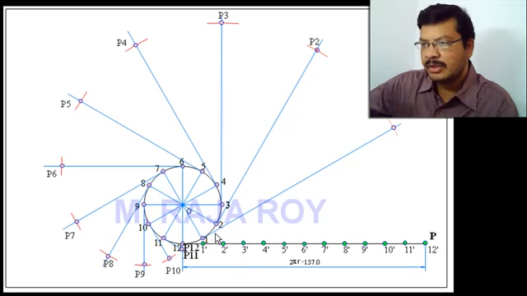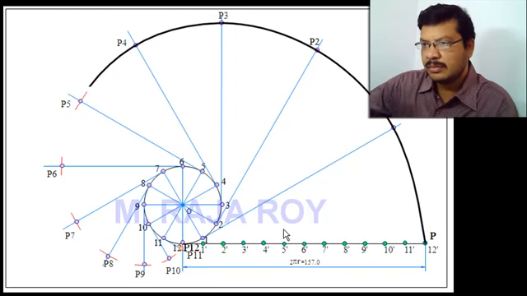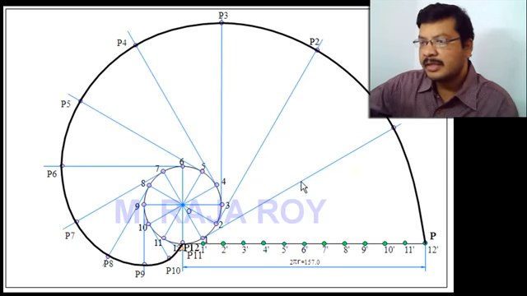Now draw a smooth curve joining this P1, P2, P3, so on P12. This is the involute. Now how to draw the tangent and normal to this involute?